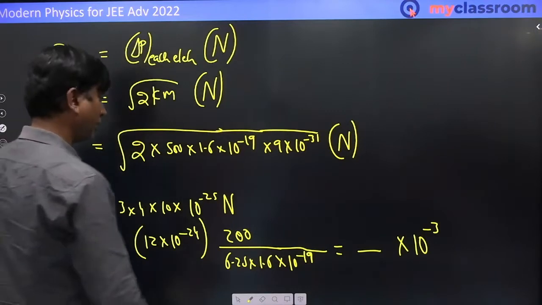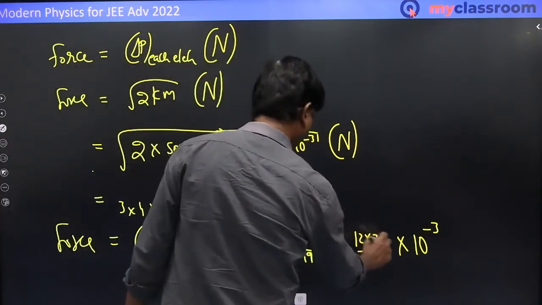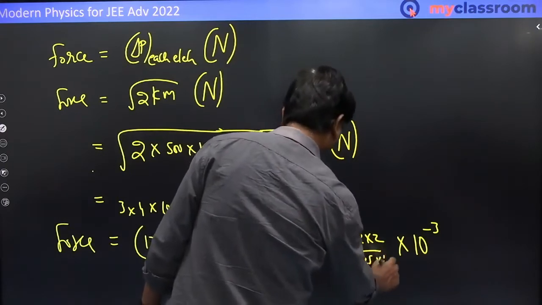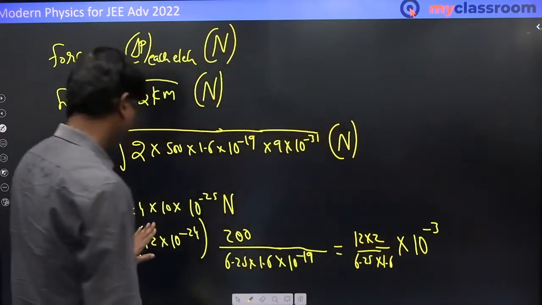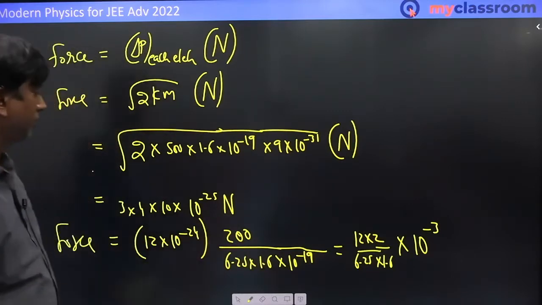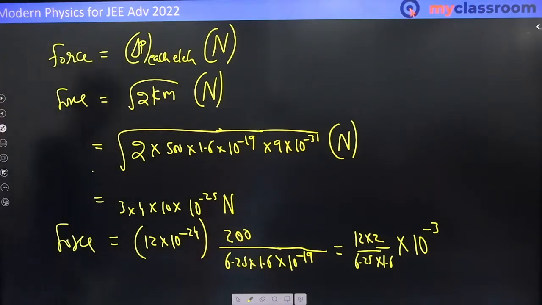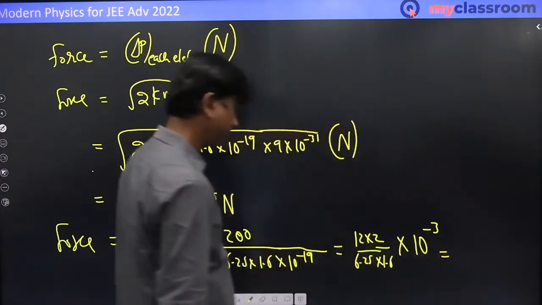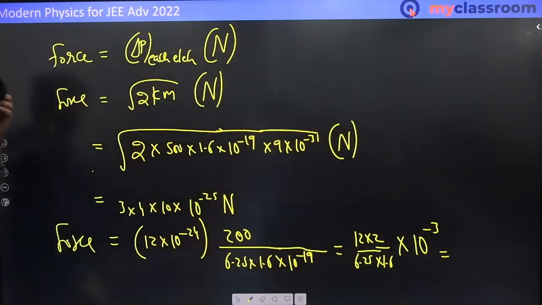Remaining all 12 into 2 by 6.25 into 1.6, yeah. So minus 26. So 12 into 24 and 6.25 into 16.